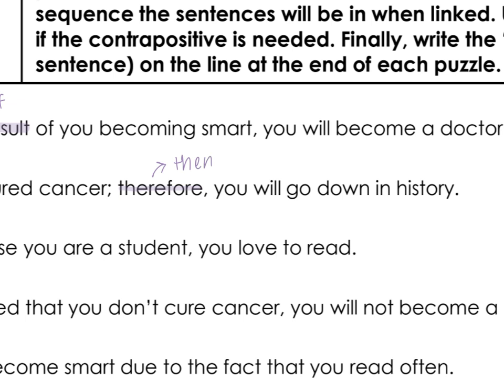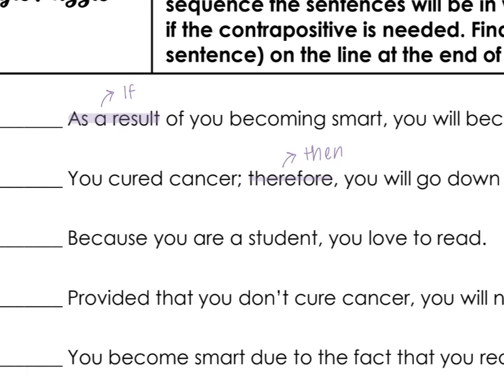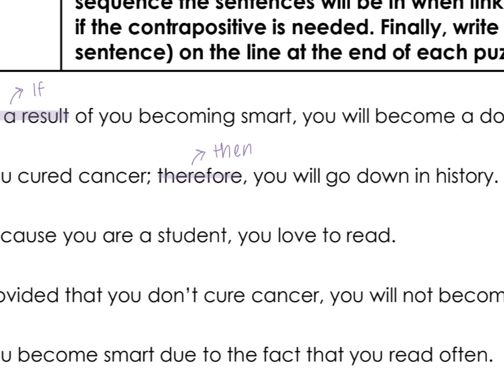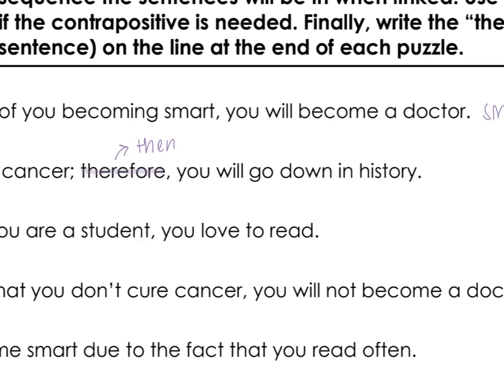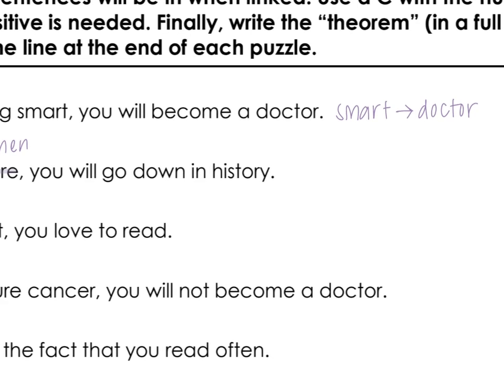Okay, so that means that my hypothesis is you curing cancer, and my conclusion is you going down in history. So I'm going to use just cancer as my keyword for the hypothesis and history for my conclusion.